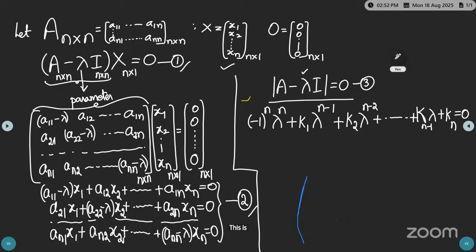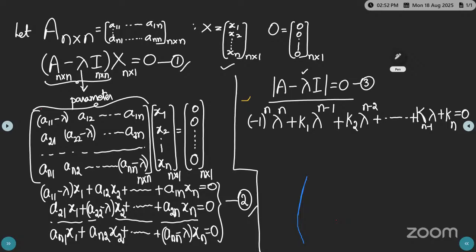This is known as the characteristic equation.